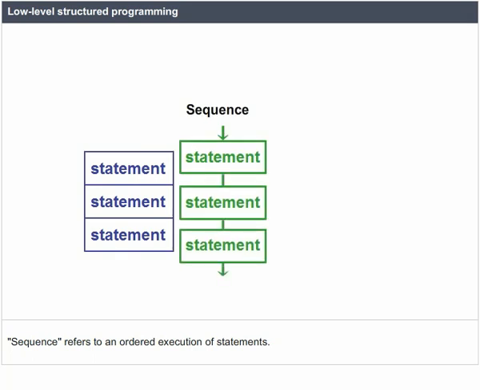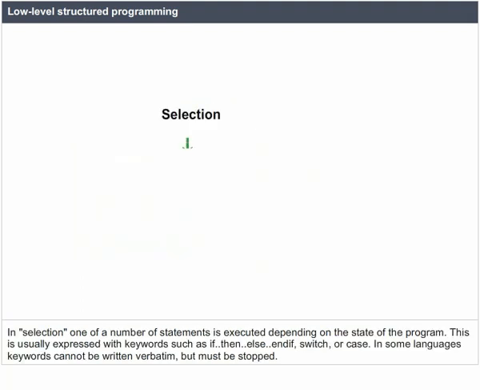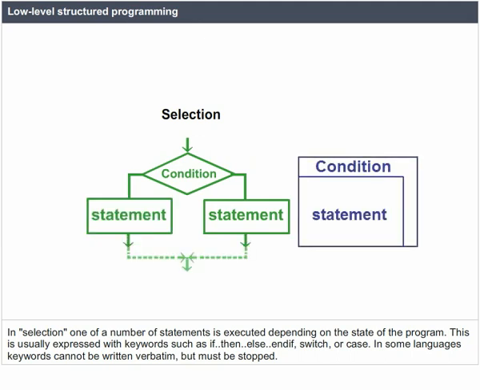In selection, one of a number of statements is executed depending on the state of the program. This is usually expressed with keywords such as if then else, end if, switch, or case. In some languages, keywords cannot be written verbatim but must be stropped.